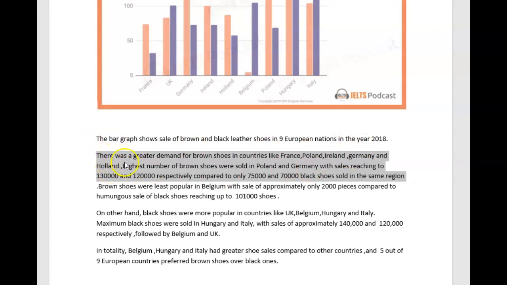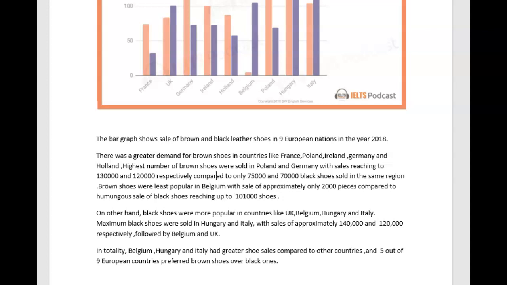The highest number of brown shoes were sold in Poland and Germany, with sales reaching, get rid of to, reaching 130,000 and 120,000 respectively, compared to only 75,000 and 70,000 black shoes sold in the same region. Okay, so you're talking about the highest shoe sales of brown leather shoes, and then you put in that piece of information about black. All right, let's see how it continues.